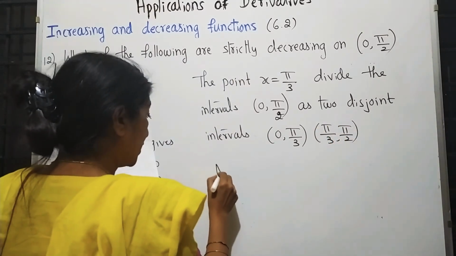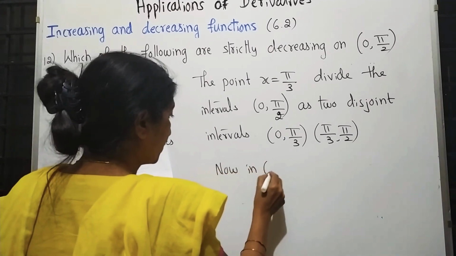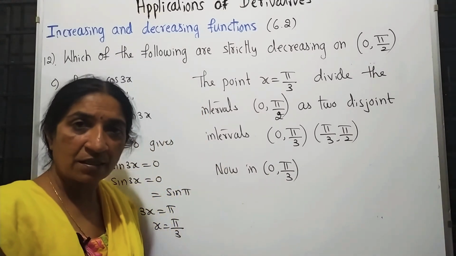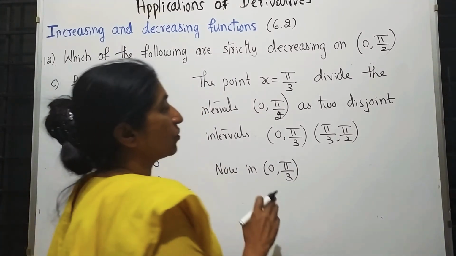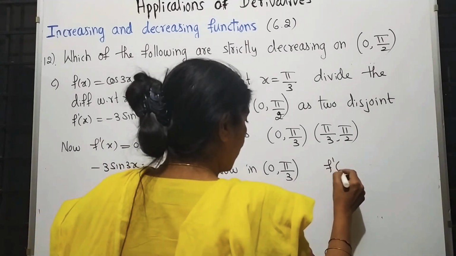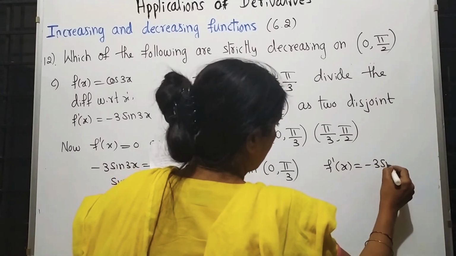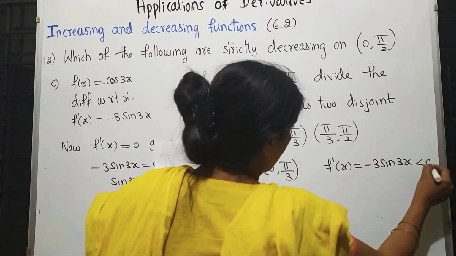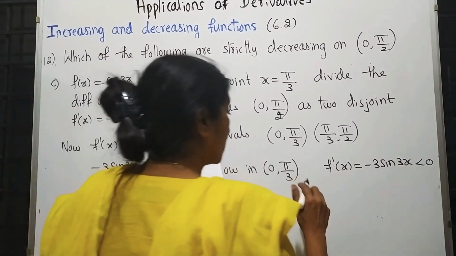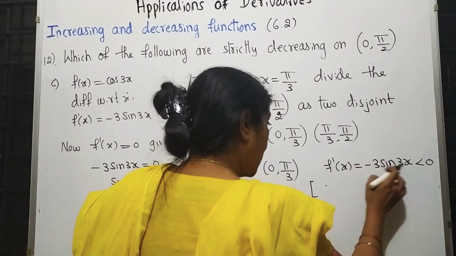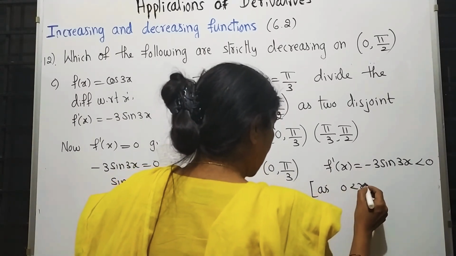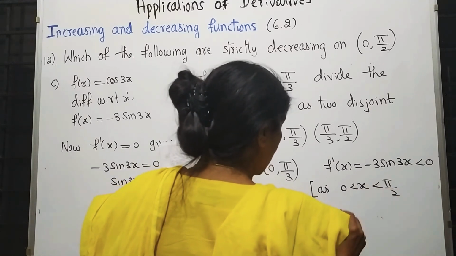See, now in 0 to pi by 3, is it in first quadrant or what? Pi by 3 is 60 degree, yes, of course it is in the first quadrant. In the first quadrant sin is positive. f dash of x is equal to minus 3 sin 3x is less than 0 because sin is positive, already minus is there, it becomes negative. So minus and this is plus, minus into plus is minus. And as x is lying between 0 to pi by 2, where is 3x?